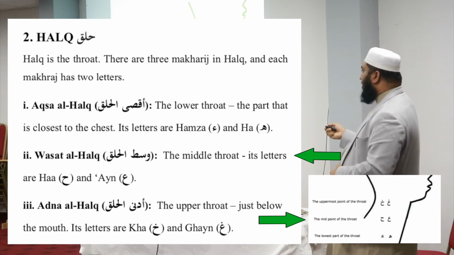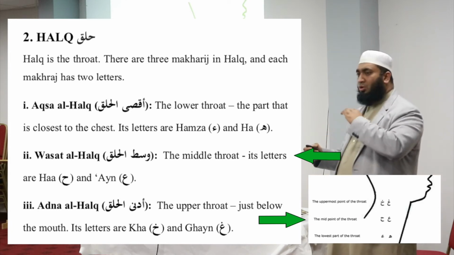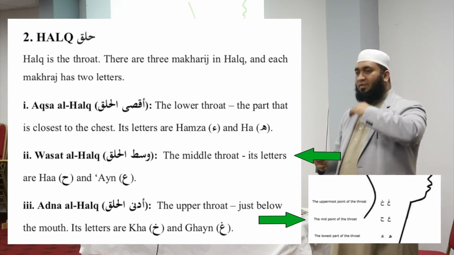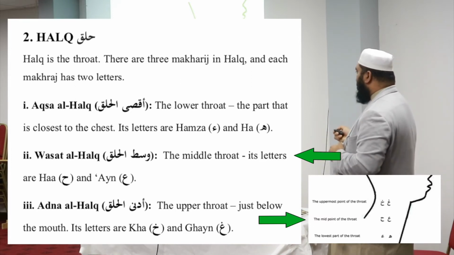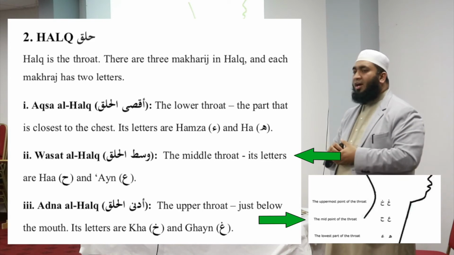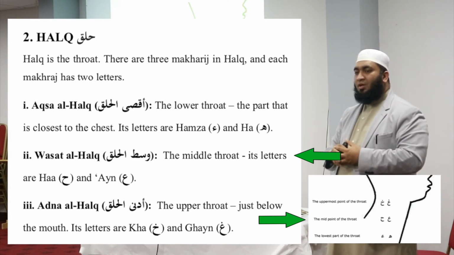Then Wasat al-Halq, the midpoint of the throat, a little bit up from the last part. From the middle of our throat we pronounce Ain and Ha.